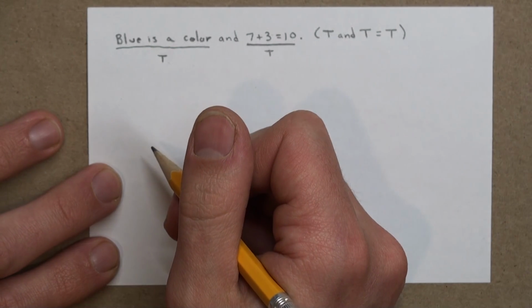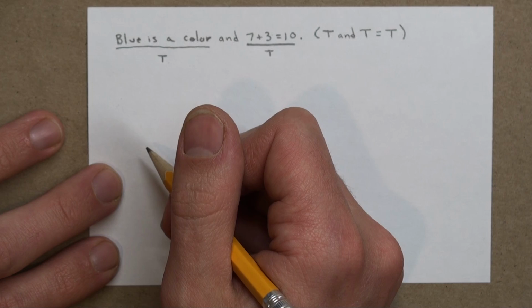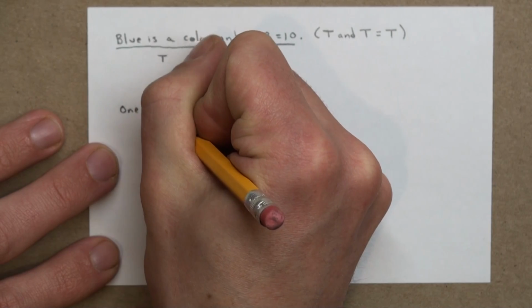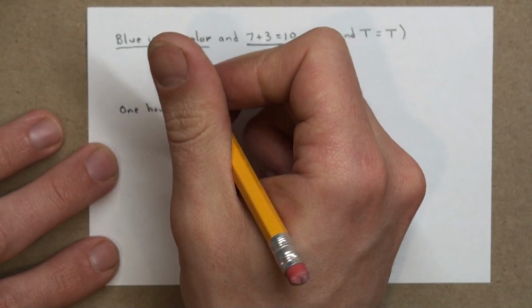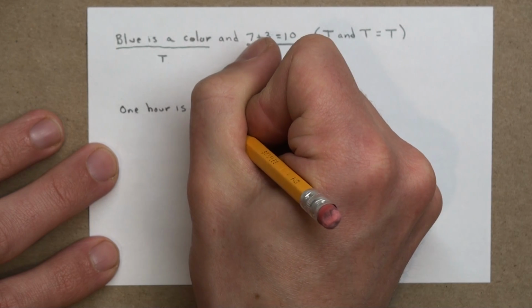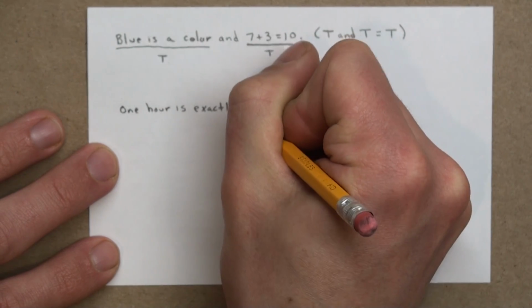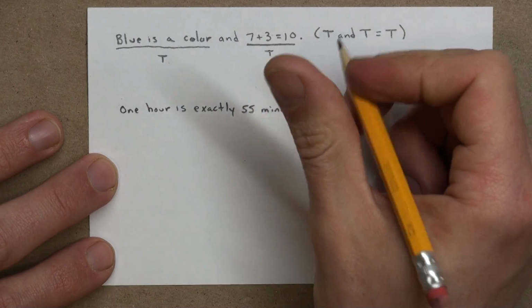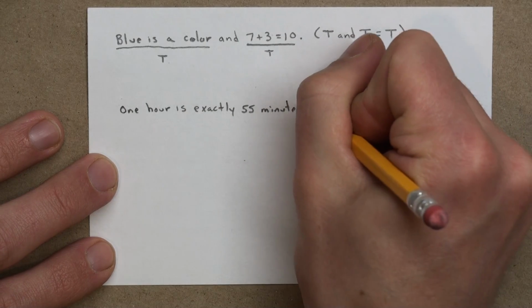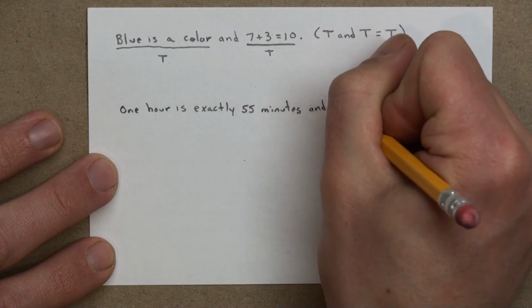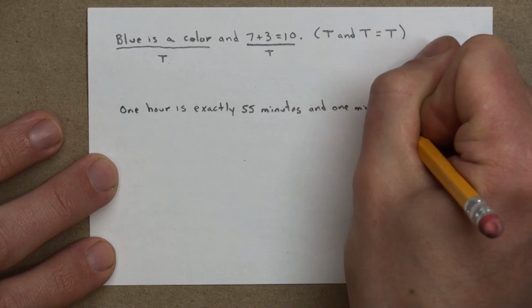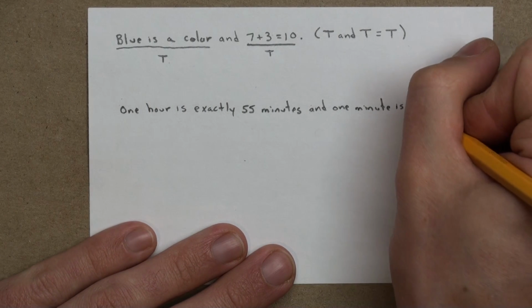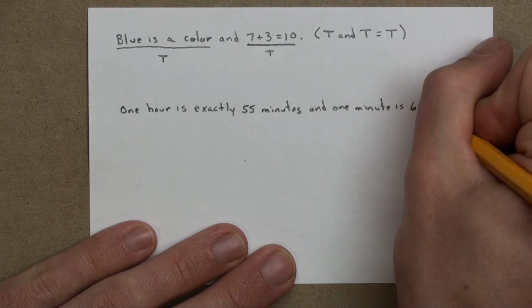Another example could be 1 hour is exactly 55 minutes and 1 minute is 60 seconds.